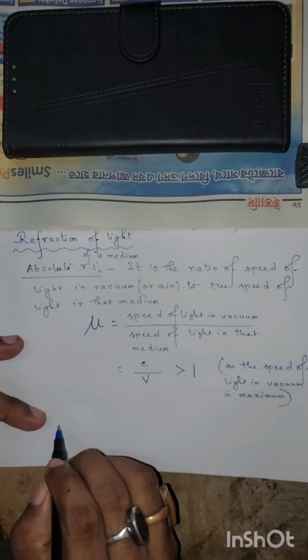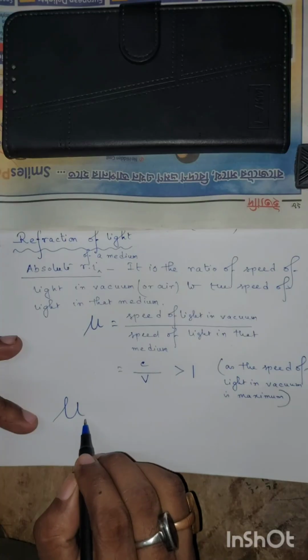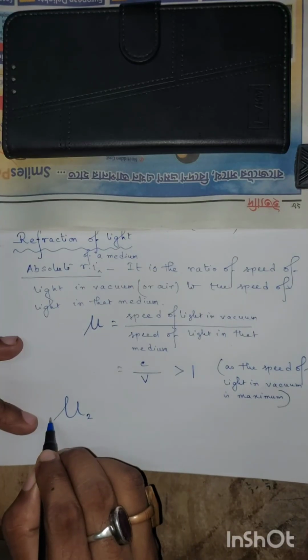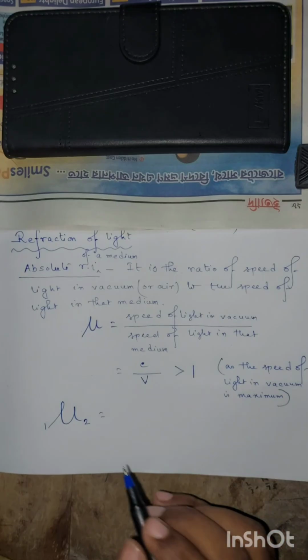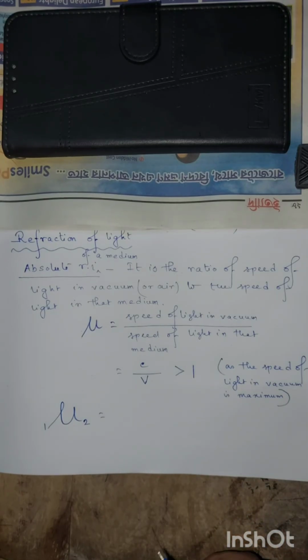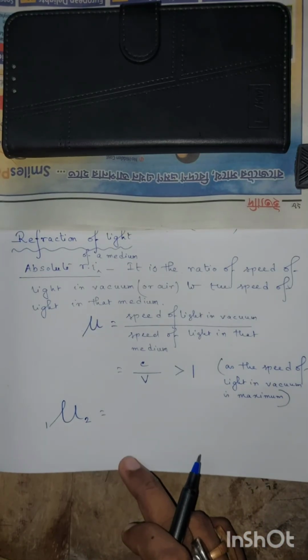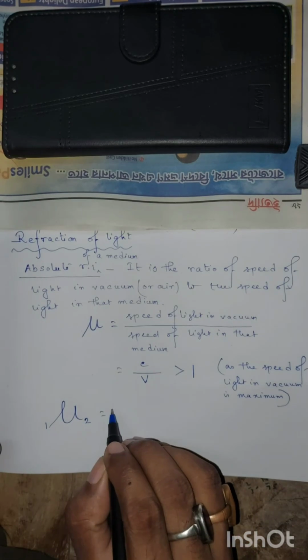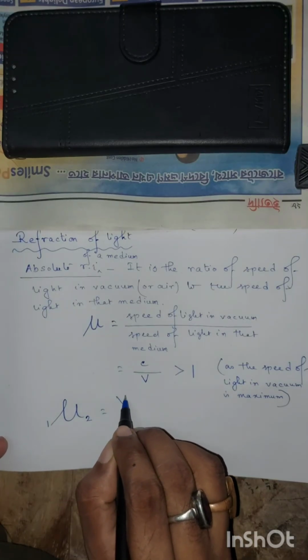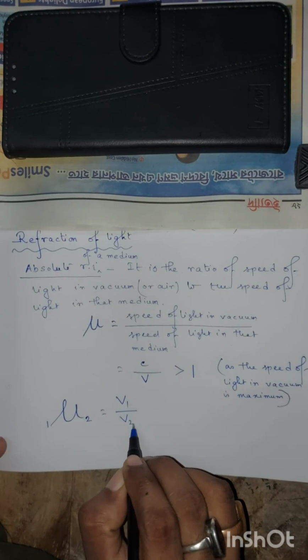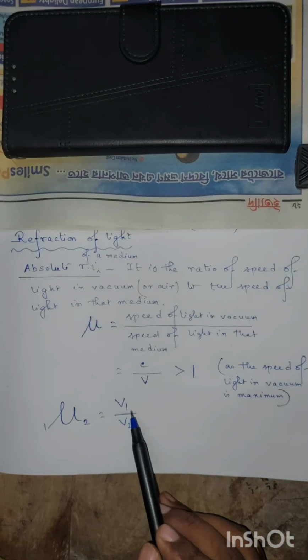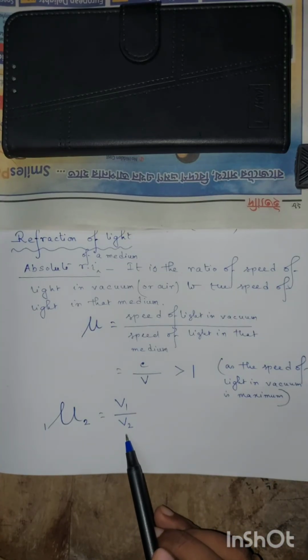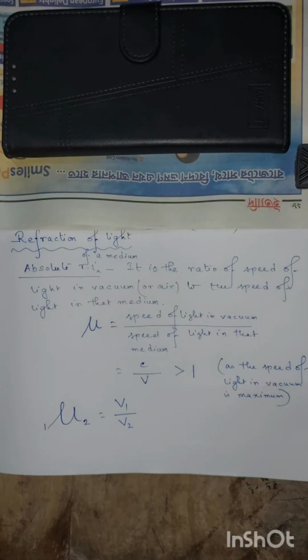So refractive index of second medium with respect to the first medium can also be written as, we know this can be written as sin i by sin r, but this thing can also be written as v1 by v2. That means speed of light in medium 1 by speed of light in medium 2.